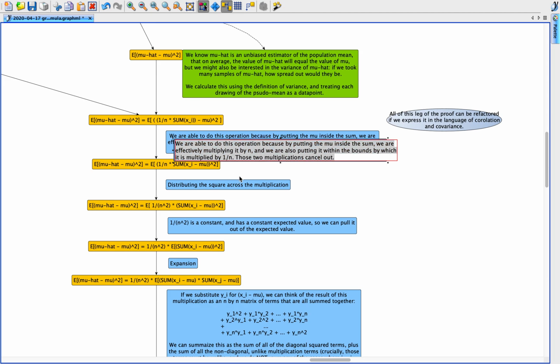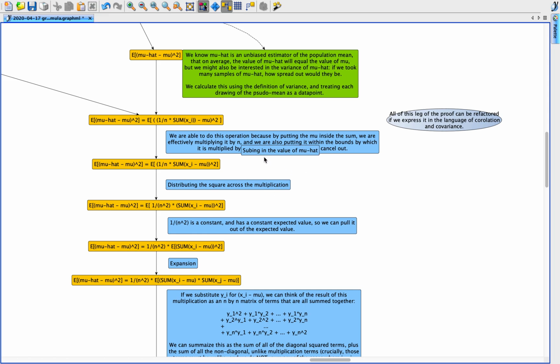All right, substitution. So we know the value of mu hat. It's just the average of all of these points from x1 to xn, and we're going to substitute that into our expression here.